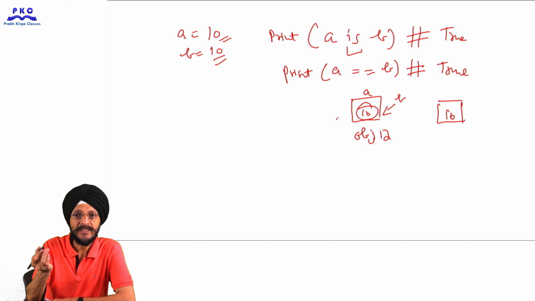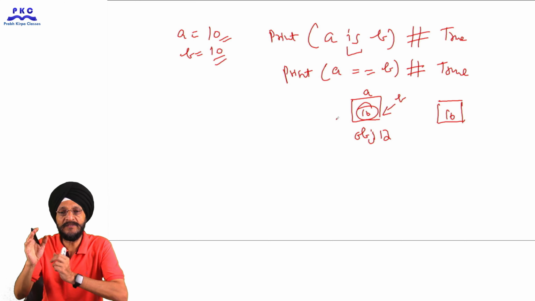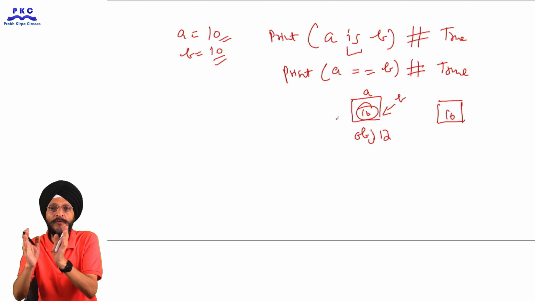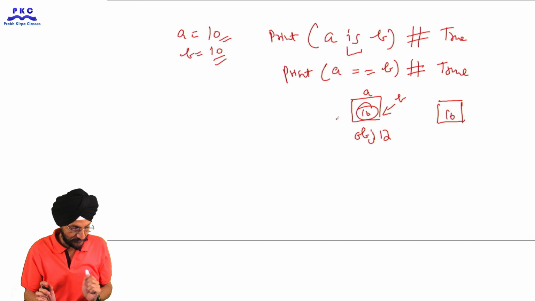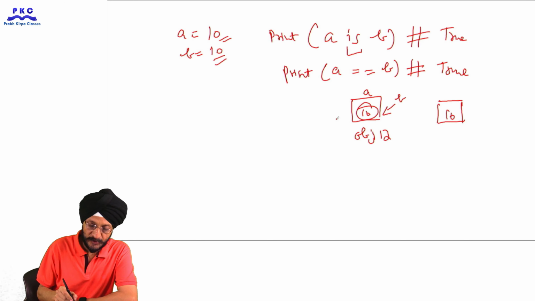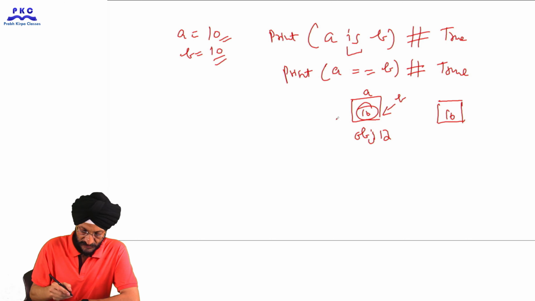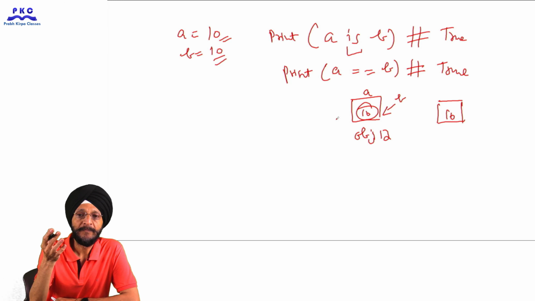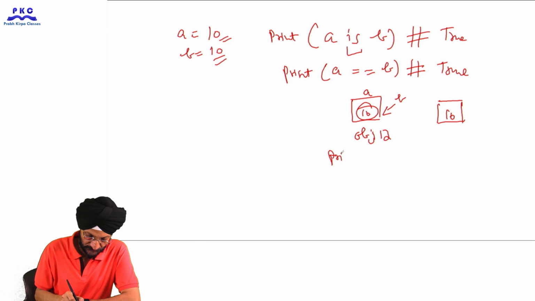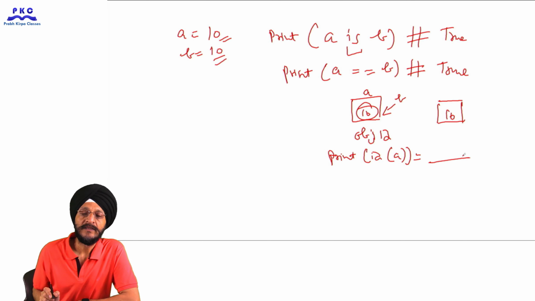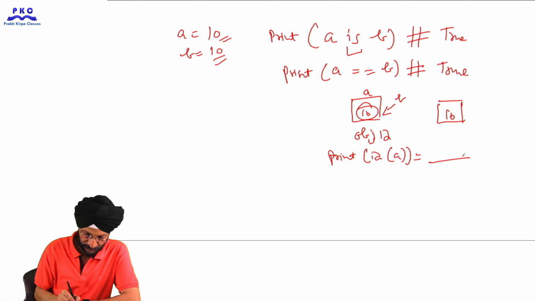In the other case, the equality operator is concerned with the values of both the variables. So now if we want to check what the object ID is, we can use print id(a), and here the memory address will be found, which is the object ID.